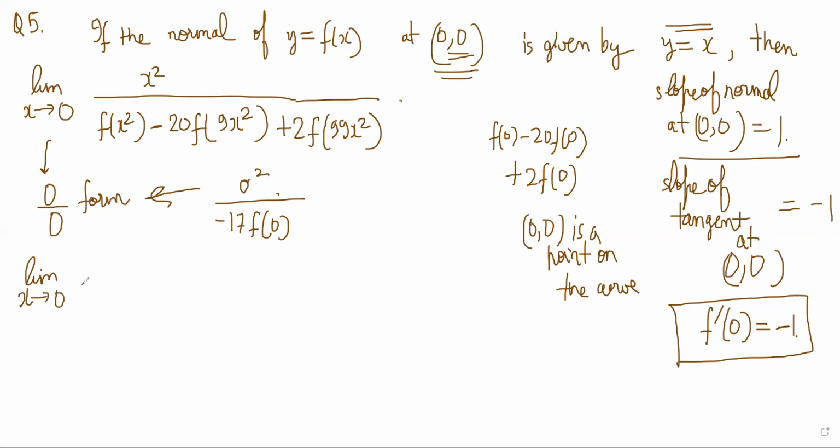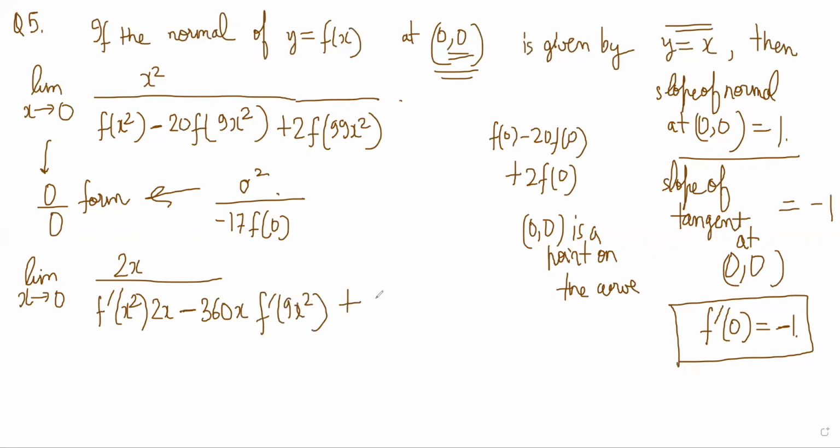So the limit x tends to 0 is still 2x by f dash x square into 2x minus 20 into 18x, so minus 360x f dash 9x square plus 2 into 198x, so 396x into f dash 99x square.